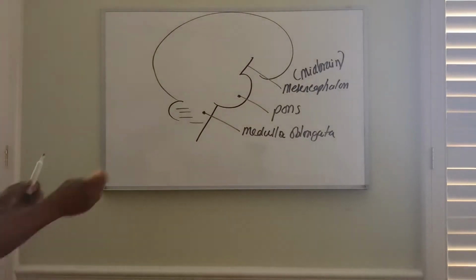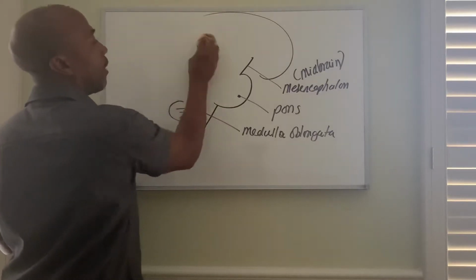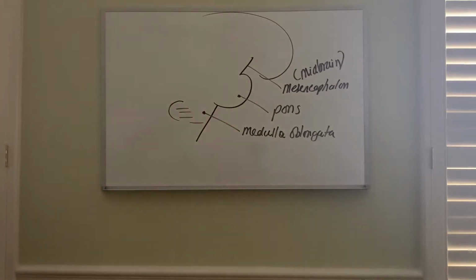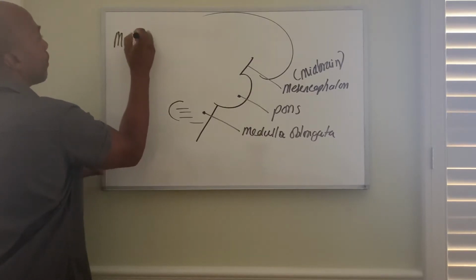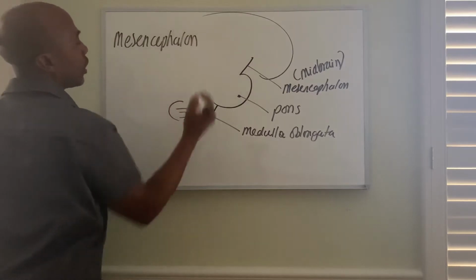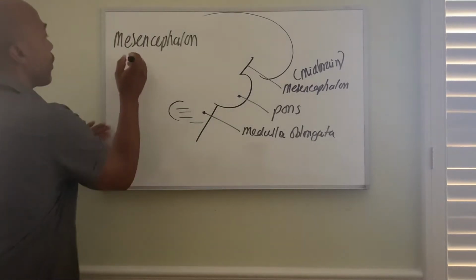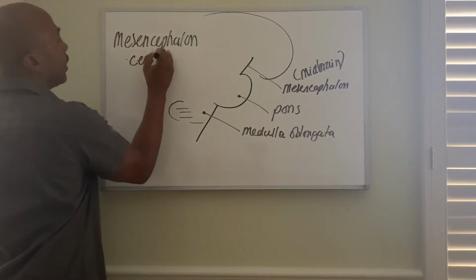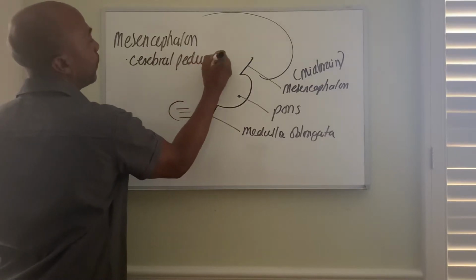So let's begin first with your mesencephalon. Okay. So your mesencephalon, or the midbrain, contains quite a few different areas of interest for us. It has in there an area called your cerebral peduncle.